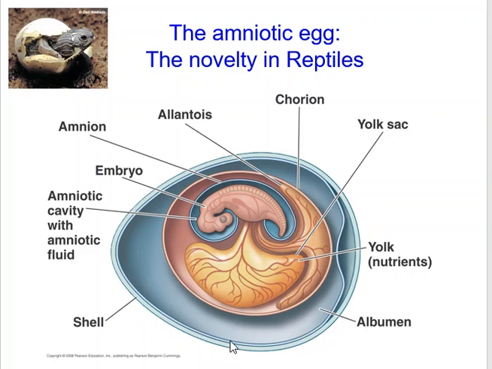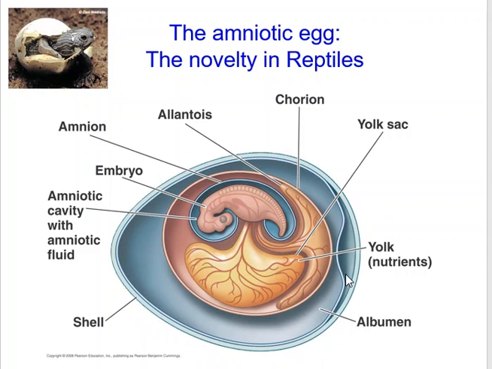And then we see a hard shell, which is very porous. Actually, if you look very carefully at an egg, you'll see the pores. Remember, there has to be oxygen exchange here, and this oxygen exchange happens through those pores. Now, this type of egg, amniotic egg, is the exact same type of egg that we will see in birds.